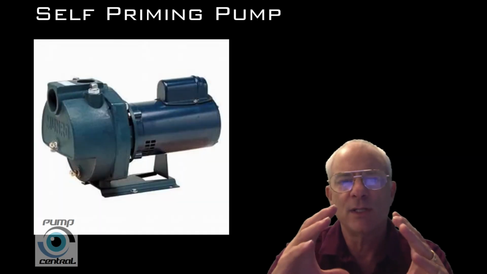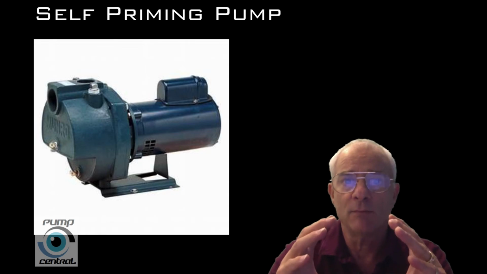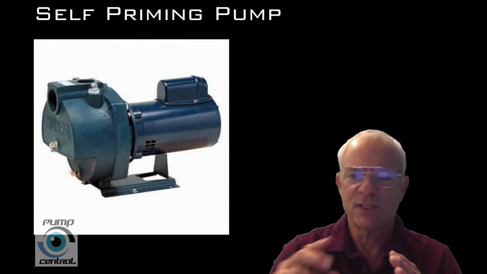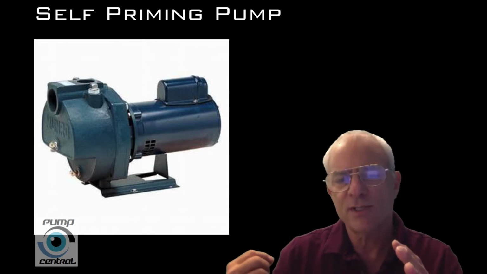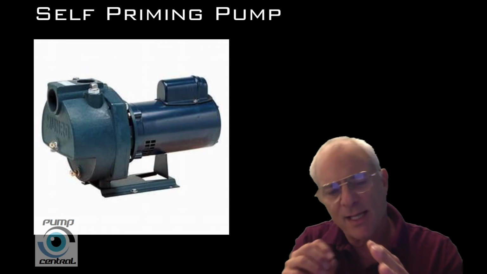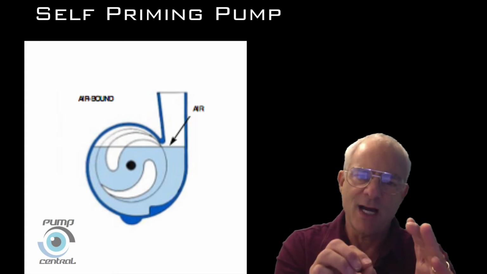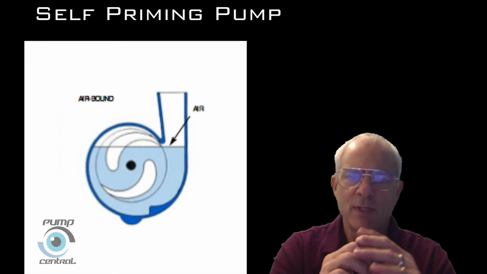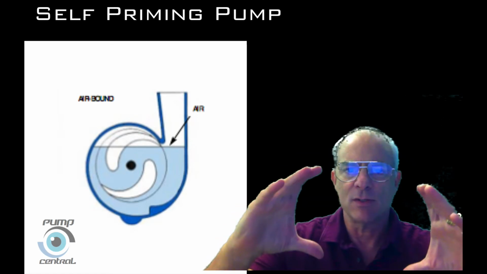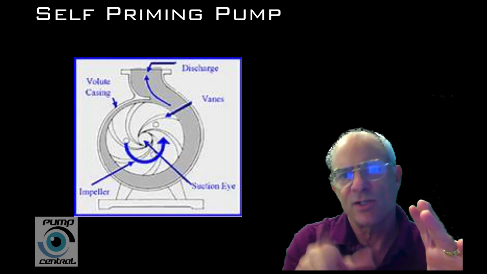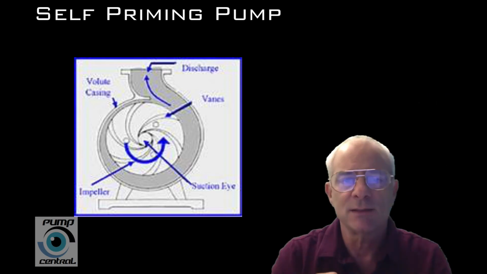Okay, well, another type of pump, a variation of the centrifugal pump, is called the self-priming pump. Because a problem that nags centrifugal pumps is if somehow air gets into the system and comes in on the inlet of the pump, when that air hits the center, the eye of the impeller of a centrifugal pump, it creates a vacuum and expands out, and the impeller is just a wheel that's spinning there doing nothing, and the pump gets airlocked.